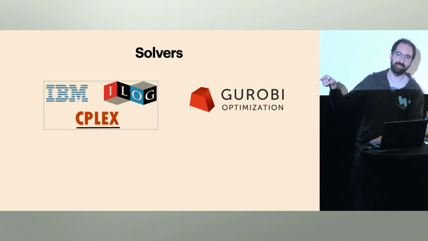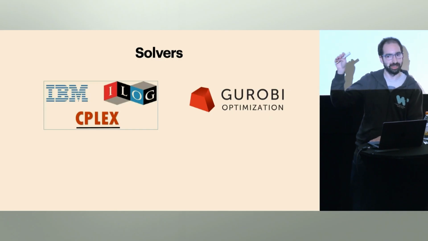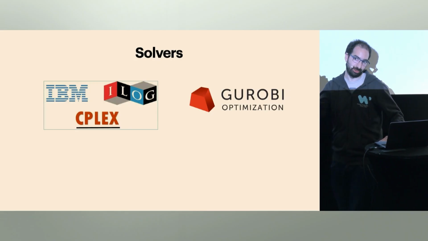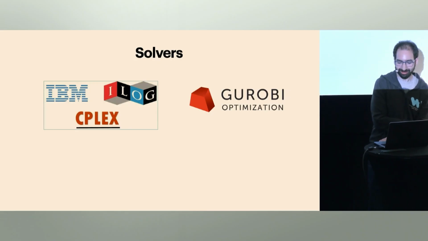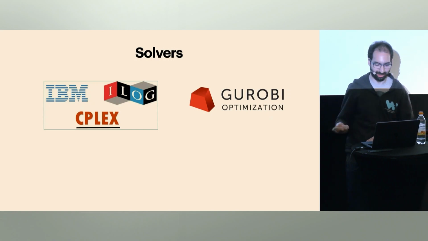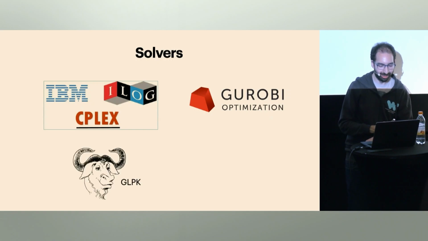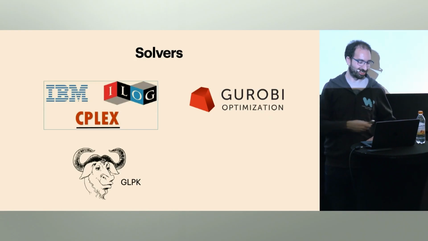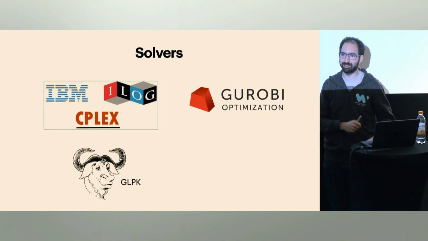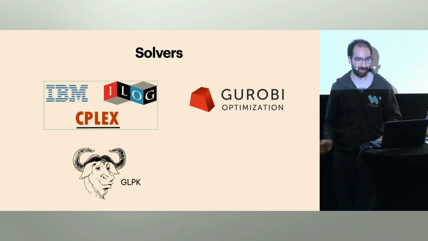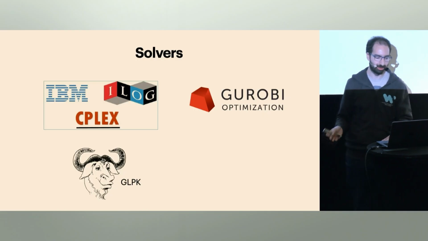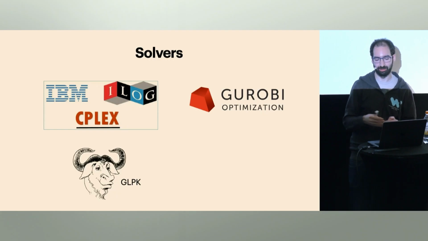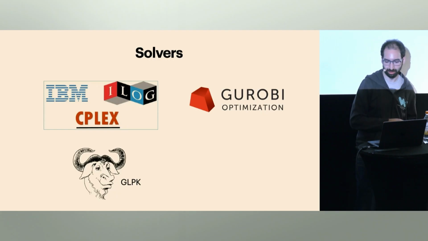They're competing directly with IBM on the really expensive licenses for enterprise, and you still pay by CPU core. Then the GNU project had this linear programming solver, and you can tell it's the GNU project because there's no logo. It's called GLPK, and it works on basic problems, but it's pretty slow. It's pretty old, and when you start getting into these problems, you're already looking at pretty long solution times.